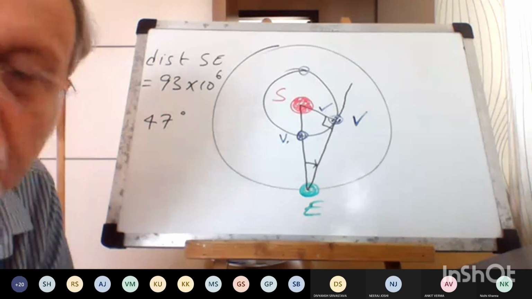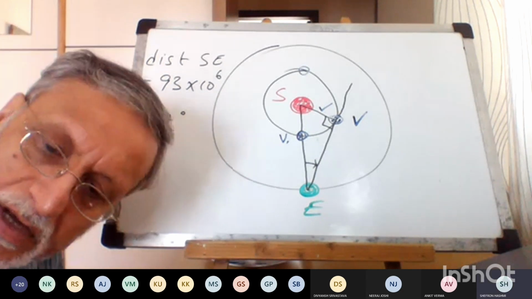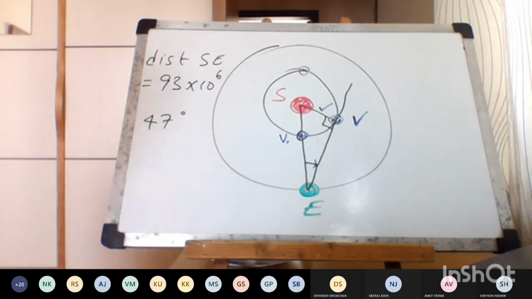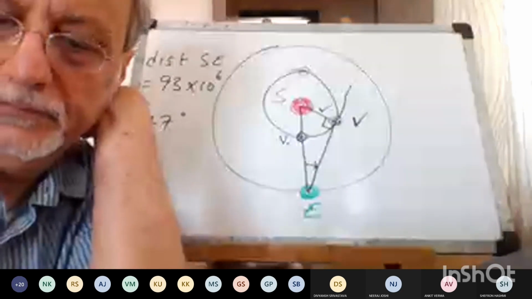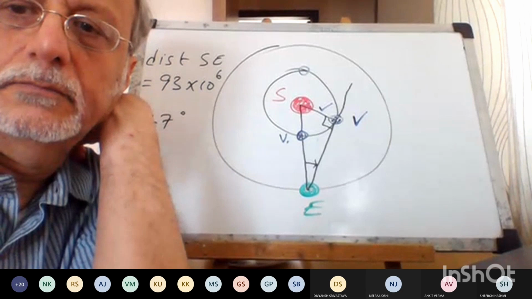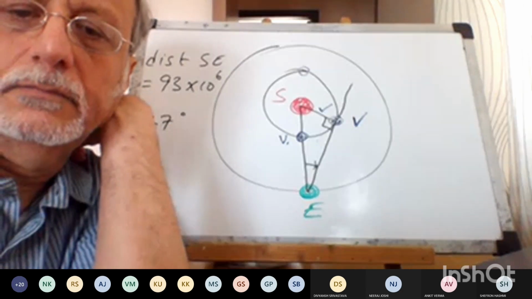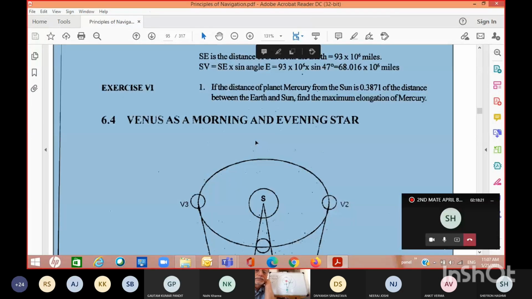So do this as homework for me. Do you have the book or not? Okay, let me share the screen. Can you see this exercise 6? If the distance of planet Mercury from the Sun is 0.3871 of the distance between Earth and the Sun, find the maximum elongation of Mercury.